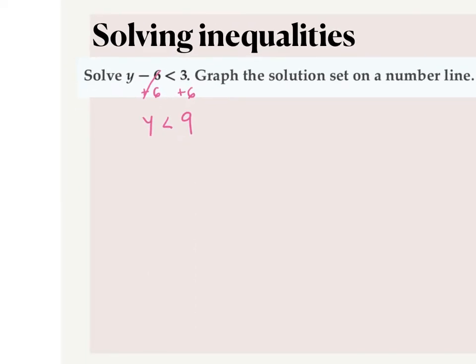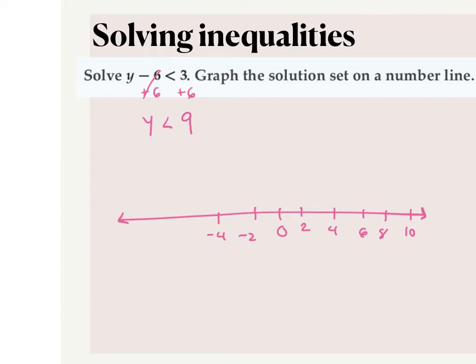So we're going to put this on our number line. I'm just going to put some numbers on the number line so we can see. To graph this on a number line, we know that y can be anything less than 9, but it's not equal to 9.